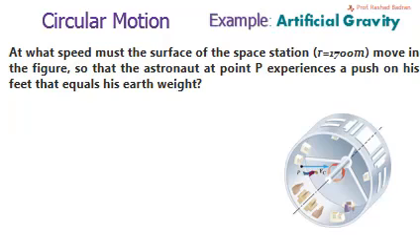The question is, at what speed must the surface of the space station move so that the astronaut shown at point B will experience a push on his feet, and that push is equal to his Earth weight?